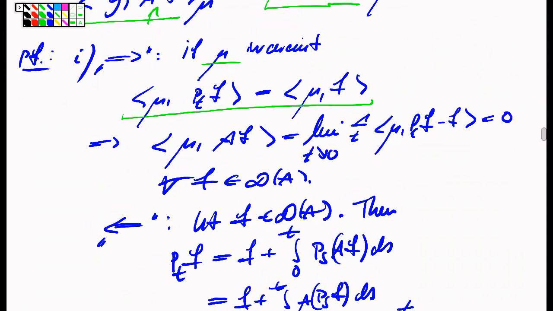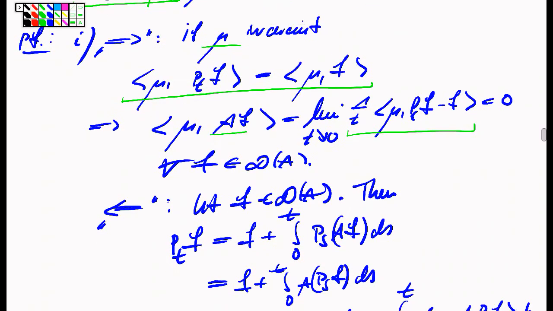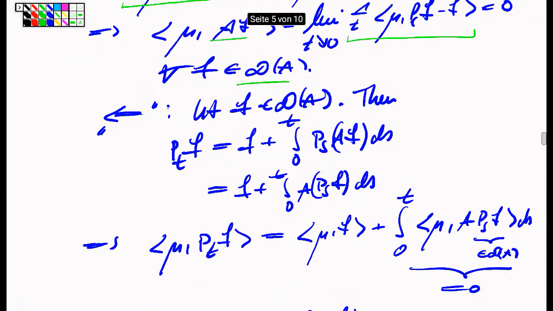Hence, if we take the difference of these two expressions and divide by t, then using dominated convergence and the fact that for a function f in the domain of the generator we have convergence with respect to the uniform topology, we can pass to the limit of this difference quotient outside of the integration, which tells us that the integral of this limiting function will be 0. That's easy, and the other way is not much more complicated.